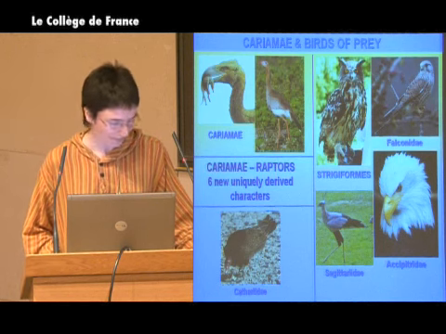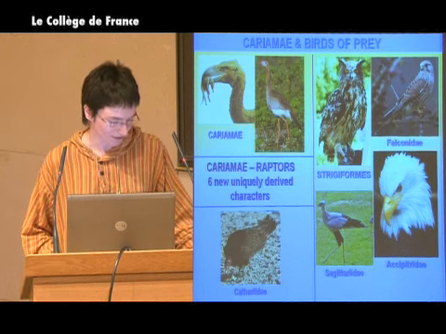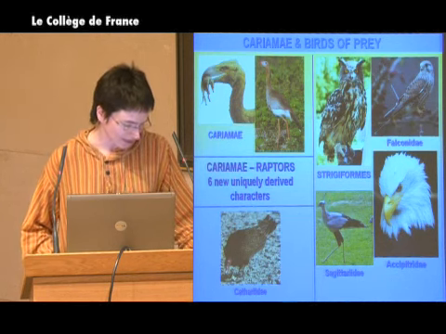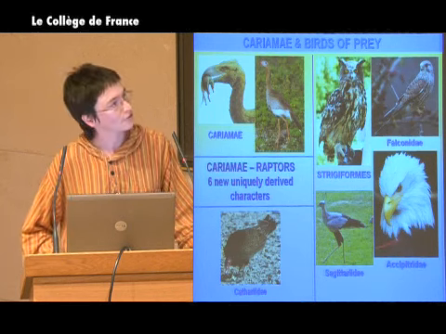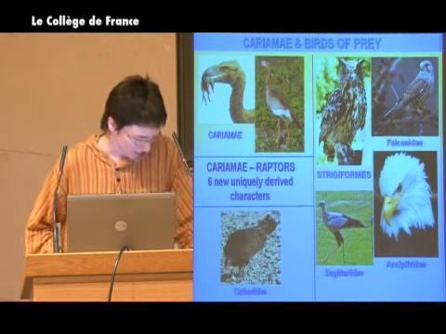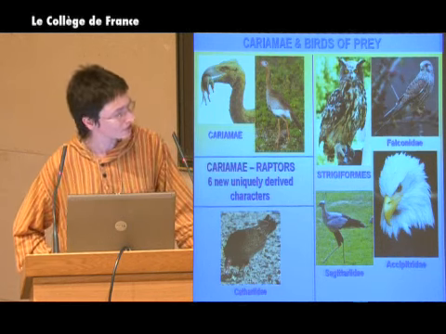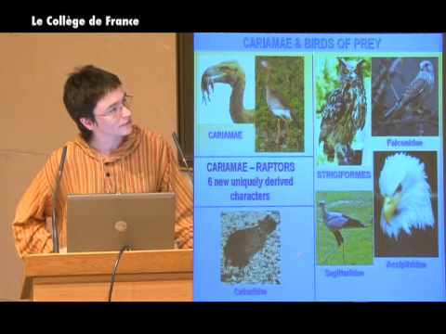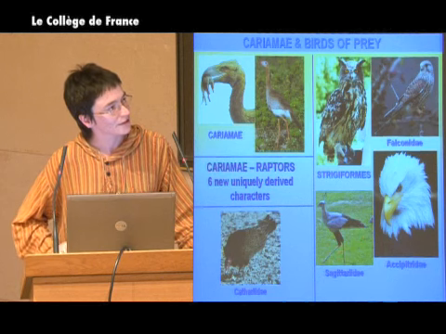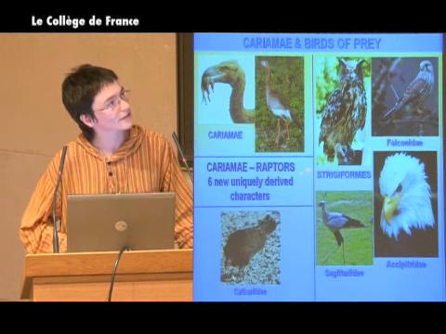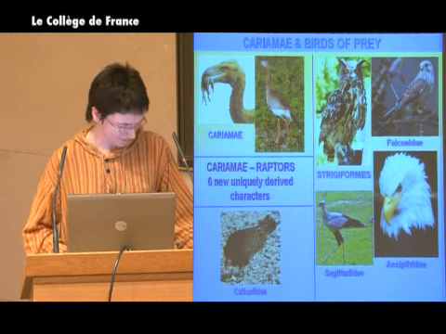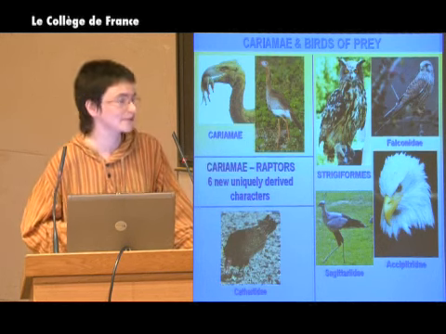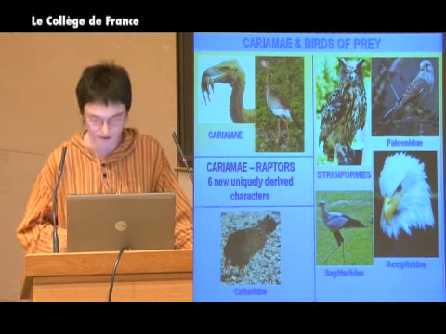So for the first time, we propose that the Cariamidae here are nested within a clade also comprising all birds of prey, including on one side New World vultures, and on the other side all these families including the secretary birds, eagles, falcons, and owls. For the moment it is still preliminary, but it's based on six strict synapomorphies.